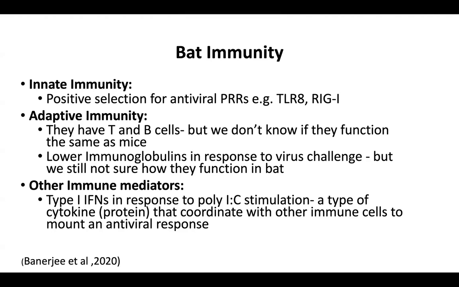And when you stimulate the bats with these antigens specifically, they found that there's upregulation of type 1 interferon cytokines. And just to remind you, this helps coordinate the immune system. The type 1 interferon is specifically related to the antiviral immunity. So a lot of studies have been going toward bat antiviral immunity, but we still don't know enough to understand how this process works in bats compared to mice.